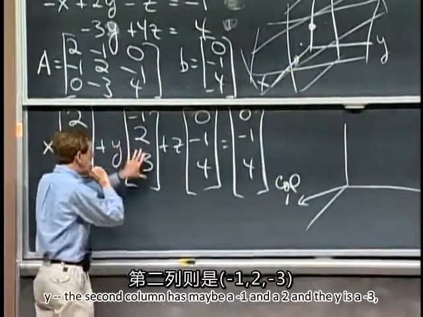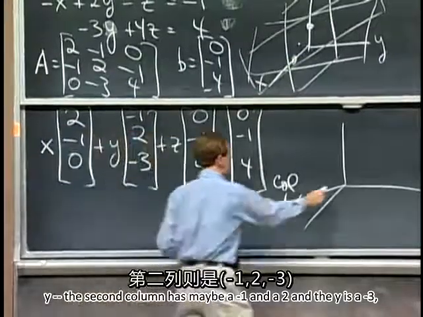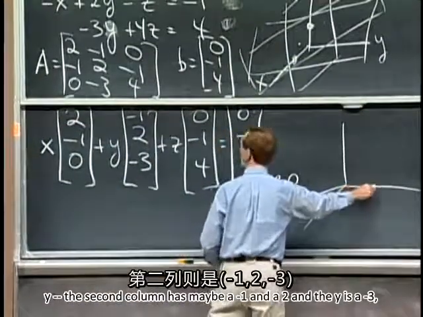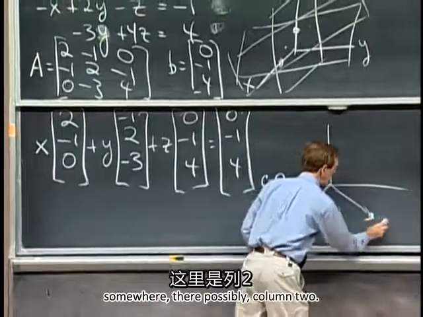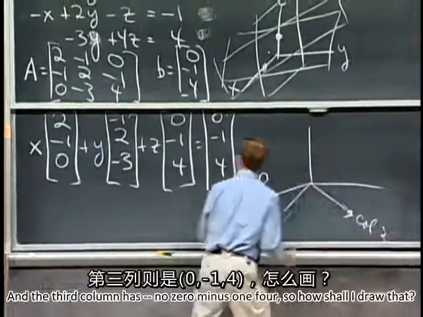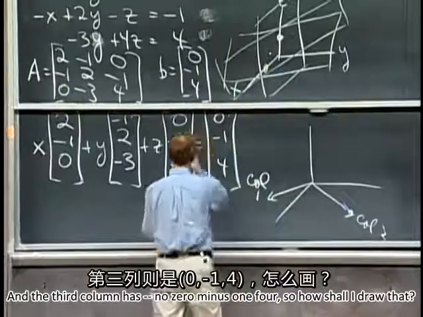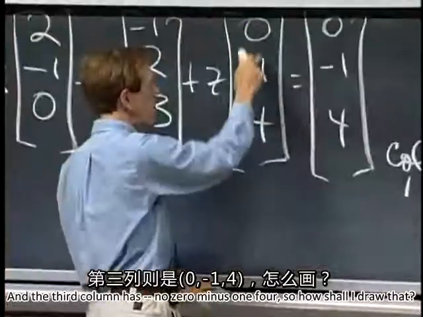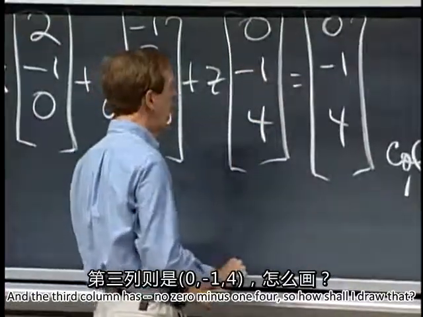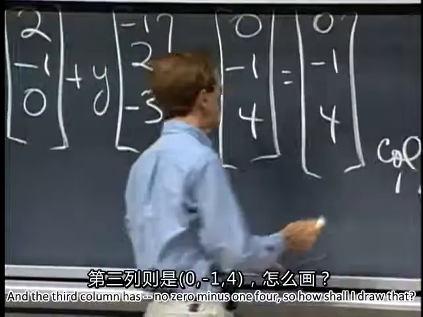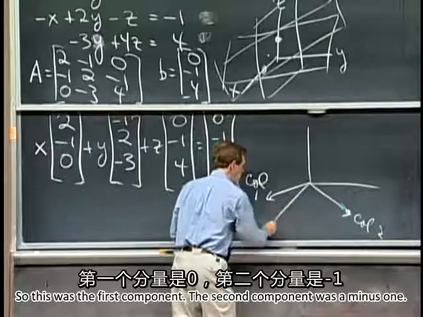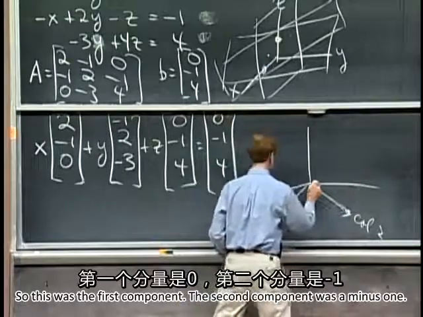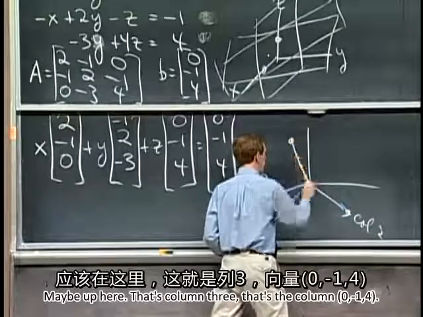The second column has maybe a minus 1 and a 2 in the y's and minus 3's somewhere there possibly, column 2. And the third column has 0, minus 1, 4. So how shall I draw that? Nothing in this was the first component. The second component was a minus 1, maybe up here.